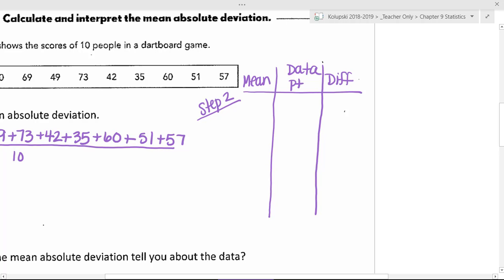So start with your data points. So the numbers from the box, we're going to put down here. And then the mean, which was 53, so I'm going to write that down next to each number.